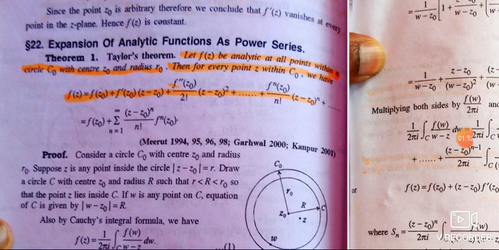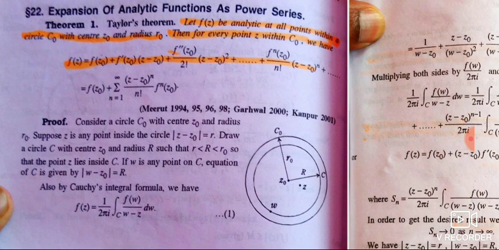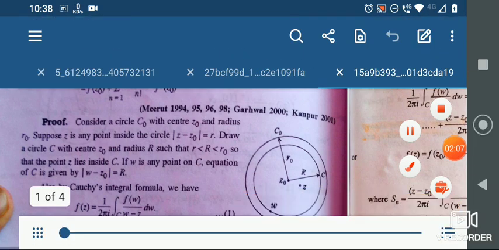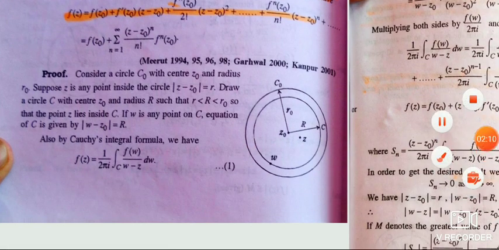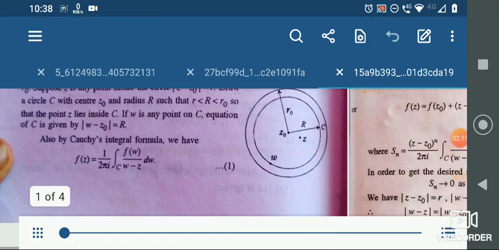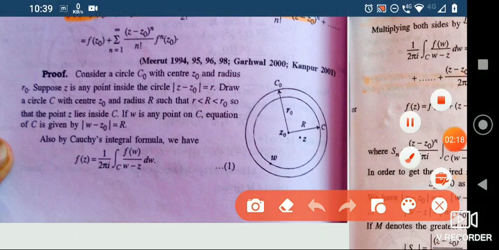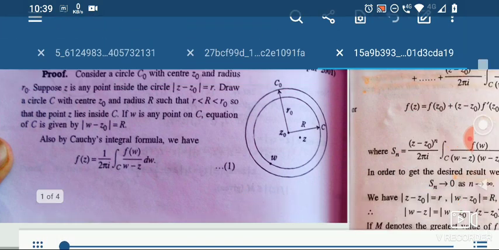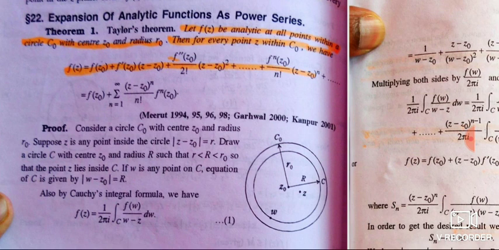Okay, so let's understand the statement. Let f of z be analytic at all points within the circle C0. See this picture. The bigger outer boundary is circle C0 with radius R0, and they are defining a function f of z that is analytic at all points within this bigger circle.